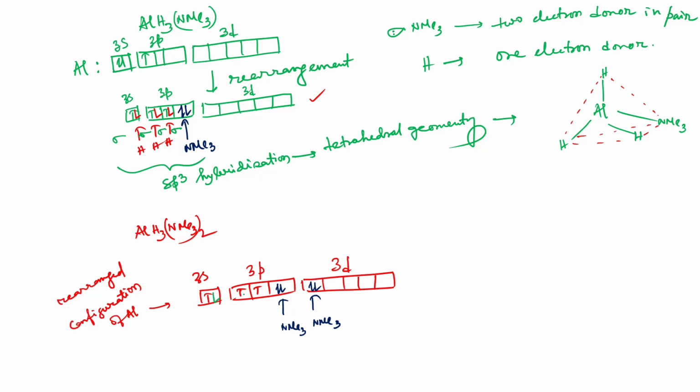The electrons from hydrogens come into the other orbitals, having one electron from aluminum. These are sigma bond formations. Thus the hybridization is sp3d.